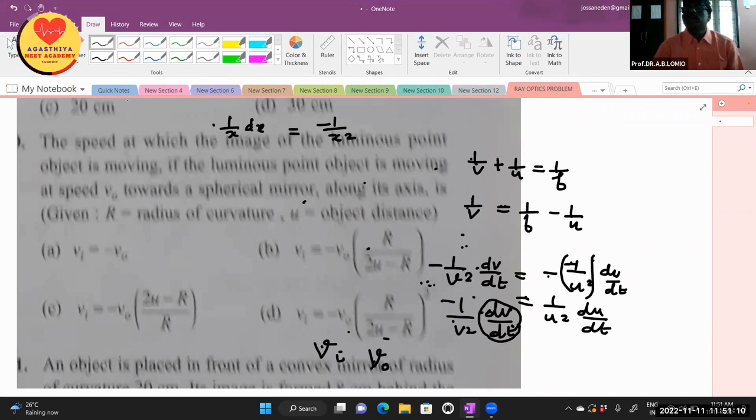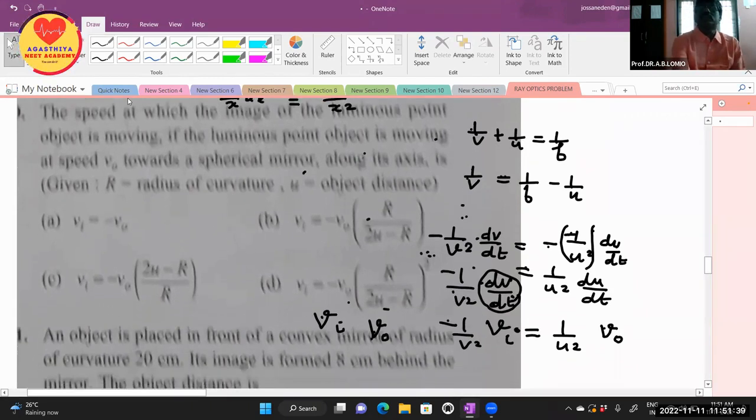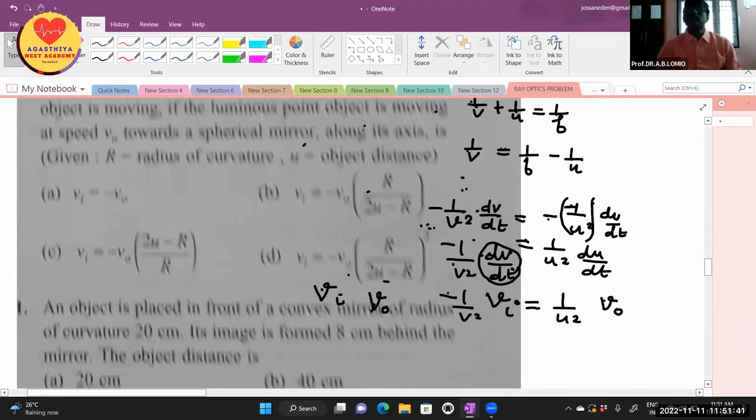Therefore, it can be denoted as the velocity of the image. Coming to the right-hand side, 1 by u squared du by dt is the velocity of the object. Now, the question is to find the velocity of the image. On the left-hand side, v_i.